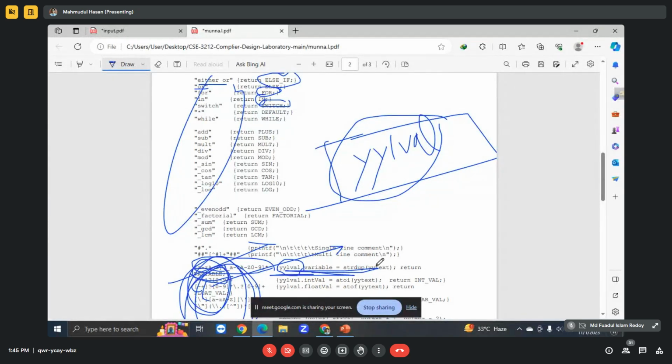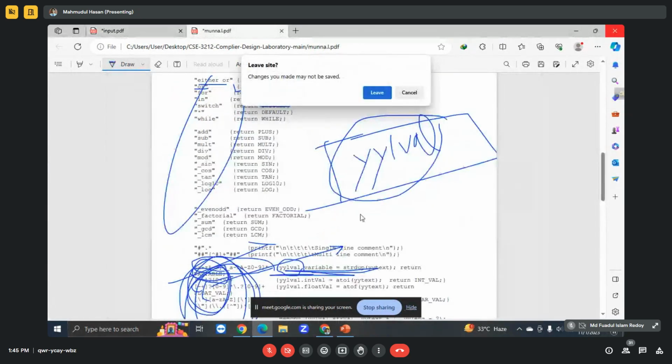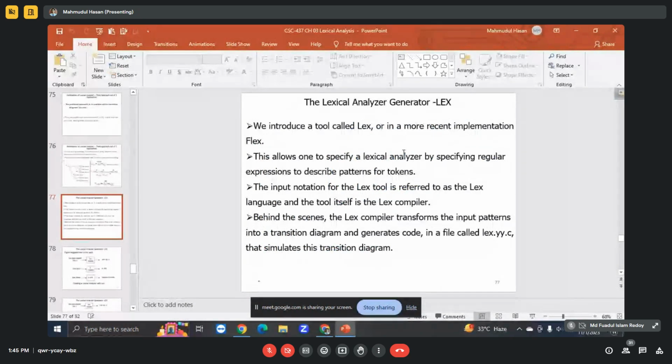Okay, got my point? So the lex file contains regular expressions to describe patterns for tokens.